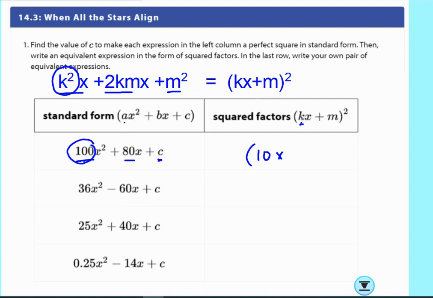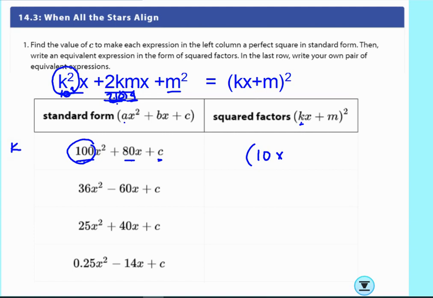Okay, so if k is 10, that's 10 squared. And then here, 2 times 10. Well, 2 times 10 gives me 20. But I have to multiply by some other number to get to 80. So 20 times what number gets me to 80? Well, 20 times 4. All right. So here what I'm seeing is maybe m.